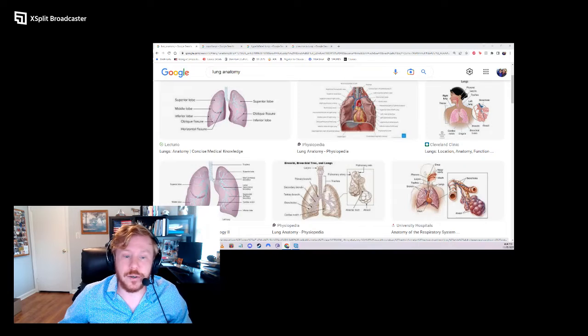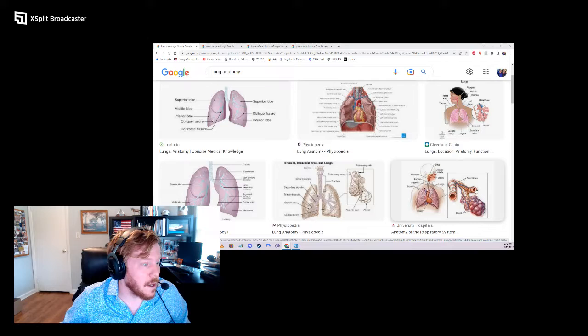COPD affects the lungs. On screen here is a picture of healthy lungs. You have the different lobes of your lungs, and you have these really tiny air sacs called alveoli here that help with gas exchange.